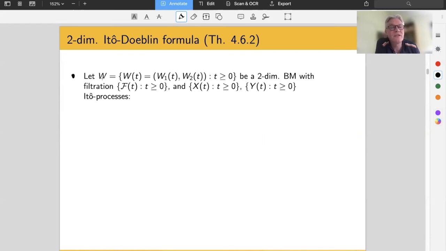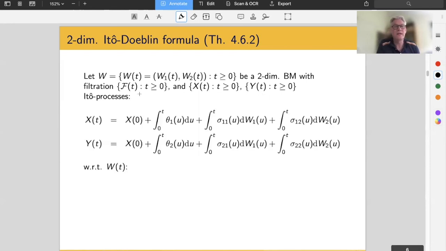Let again W(t) be a two-dimensional Brownian motion, (W1(t), W2(t)), t greater equal to 0, with a filtration F(t), t greater equal to 0. And let's have the two Ito processes X(t), t greater equal to 0, and Y(t), t greater equal to 0. Formally they are written in integral form as follows.